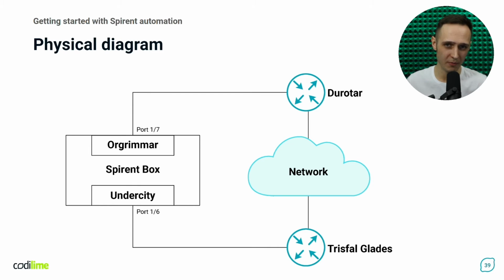So the Orgrimmar emulated device is bound to port 17, and it's directly connected to the Durota router, which is a physical router. And similarly, we've got the Undercity emulated device that is bound to port 16, and it's connected to the Trisfol Glades, which is also a physical router, and those routers are interconnected with the computer network.